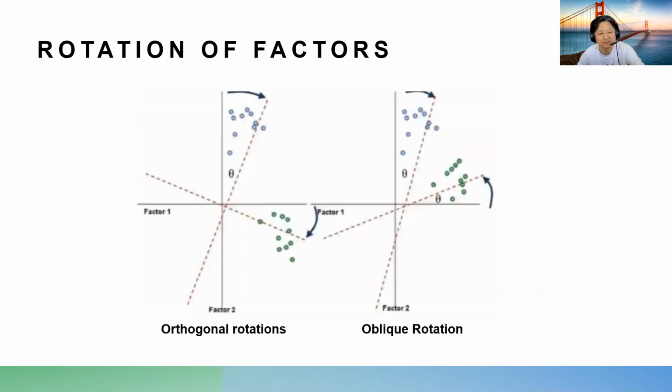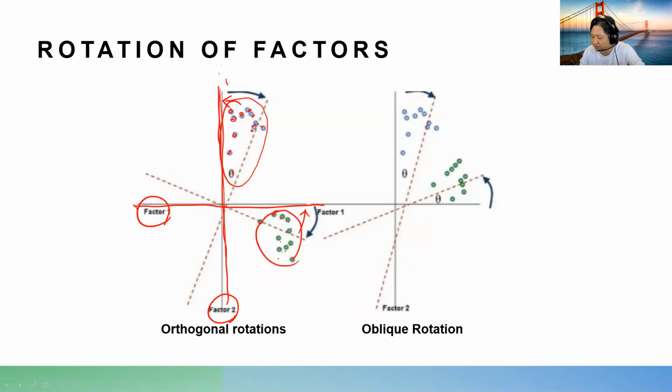So look at this. Let's say we have a two-factor solution. This is factor 1 and this is factor 2, and this is our variables right here. Maybe we can identify these variables as factor 2 because they are close to this factor, and these are pretty close to this factor.